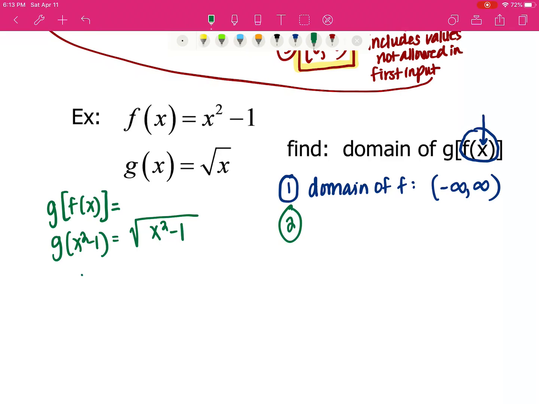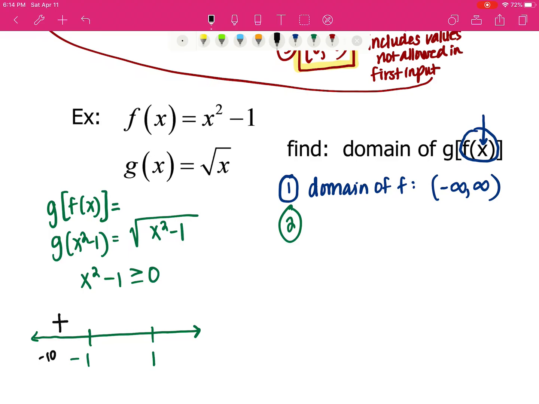Well, x squared minus 1 has to be greater than or equal to 0. It can equal 0, but it can't be negative. So I'm going to have my critical values, negative 1 and positive 1. And then I'm going to test those values. When I put a negative 10 in, negative 10 squared is 100. 100 minus 1 is definitely greater than or equal to 0.